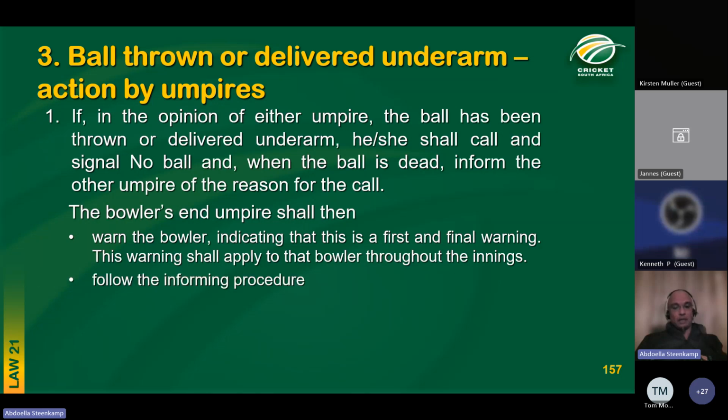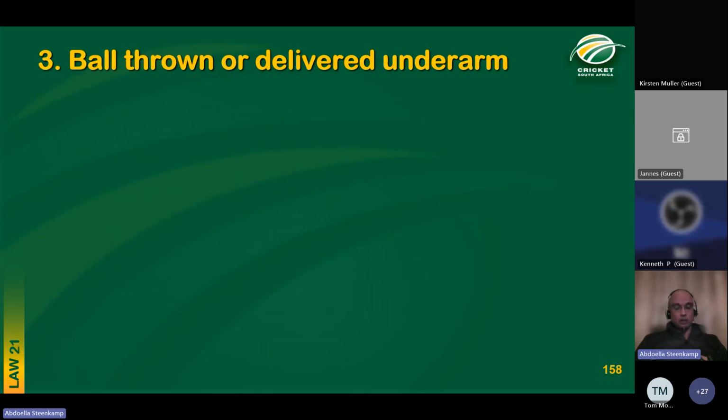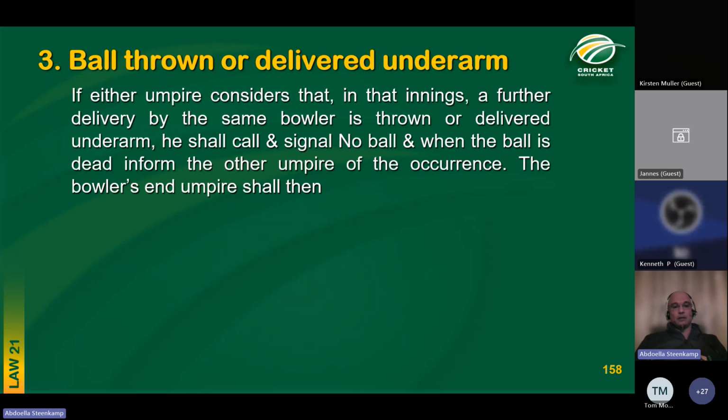This warning applies throughout the innings. You'll inform everyone. So what happens if in that same innings, the same bowler either throws the ball again or delivers the ball underarm again? Now the law tells us, yes, call and signal no ball again.